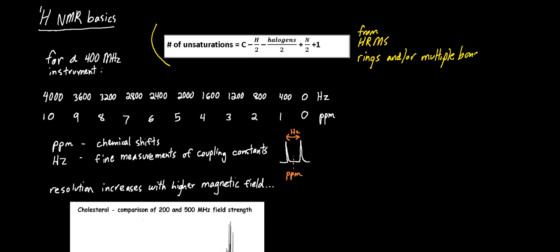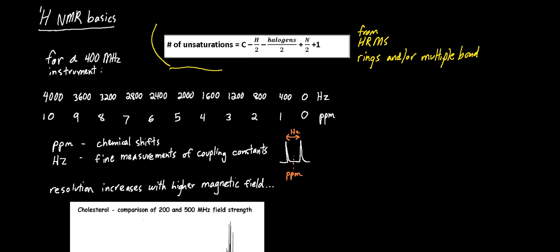So a double bond would be one unsaturation, a ring would be an unsaturation, a triple bond would be two unsaturations, a carbonyl would be an unsaturation. So as you're solving your practice problems, you're going to want to apply that to the formula.